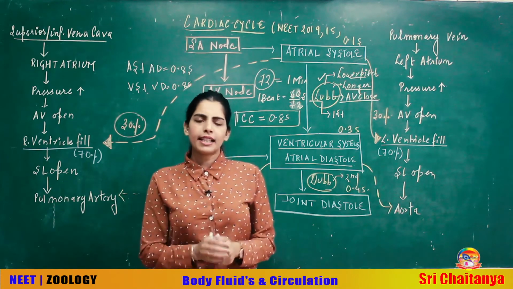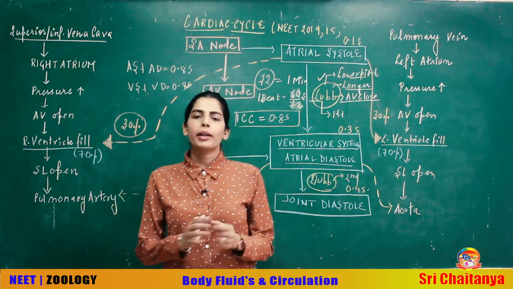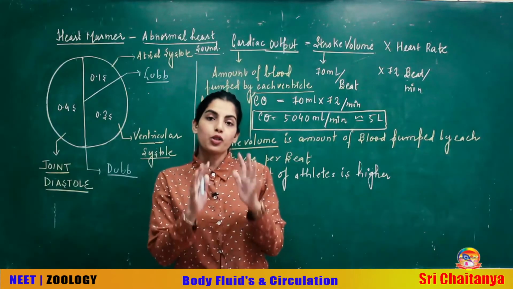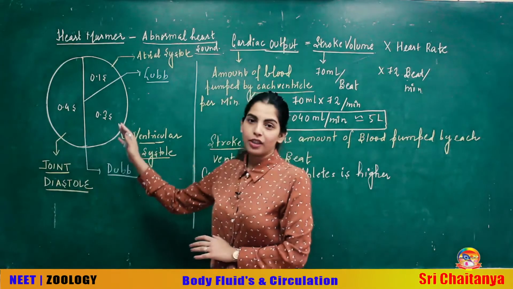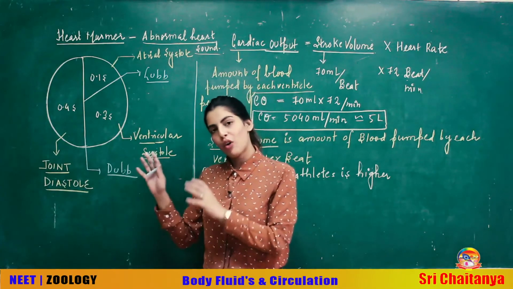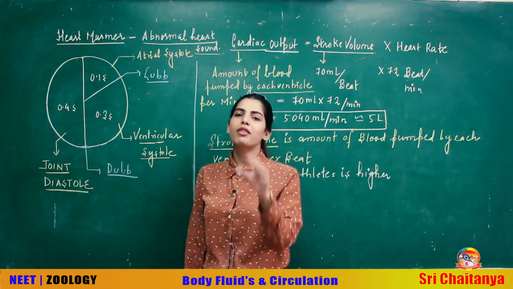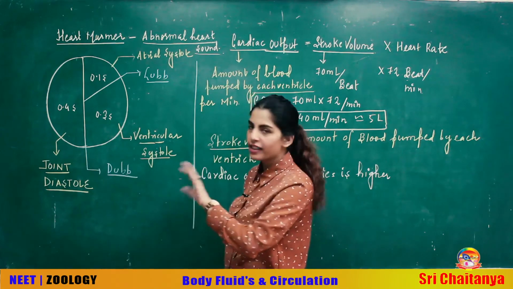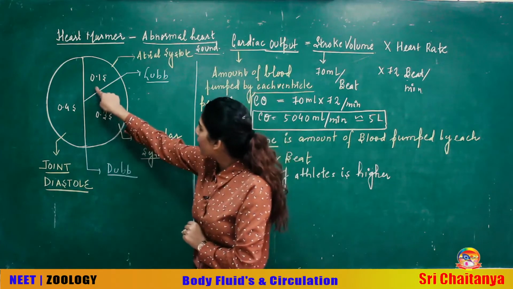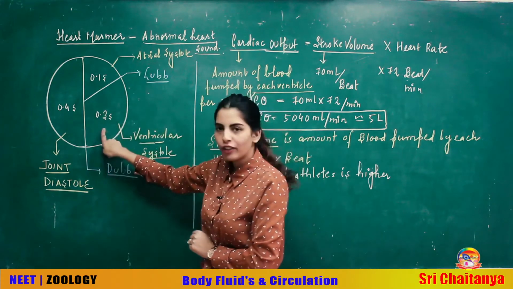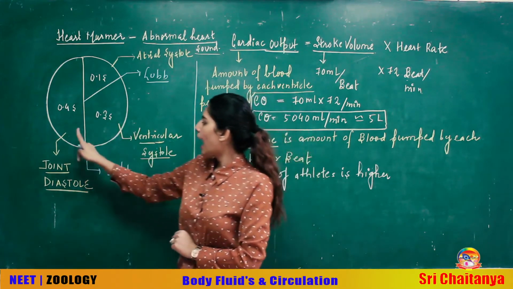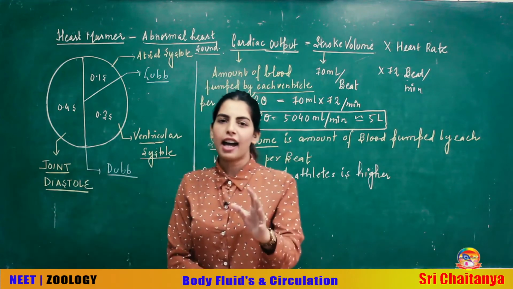Now we will be discussing some more important points with the cardiac cycle. Now students, this is actually the cycle that you are very much familiar with, which we have already discussed. Now see, this is one cardiac cycle of 0.8 seconds. I have divided this cycle into phases: 0.1 second for atrial systole, 0.3 seconds for ventricular systole, and 0.4 seconds for the joint diastole.